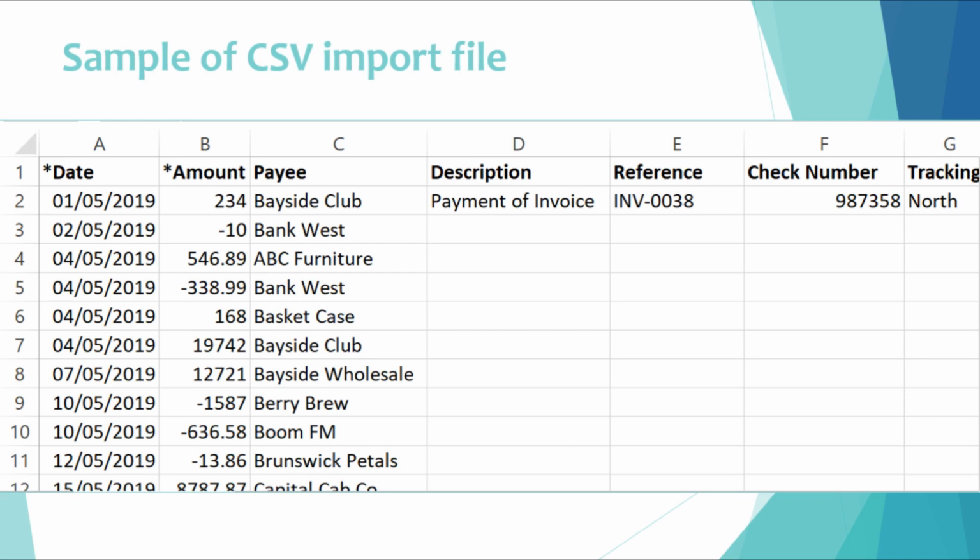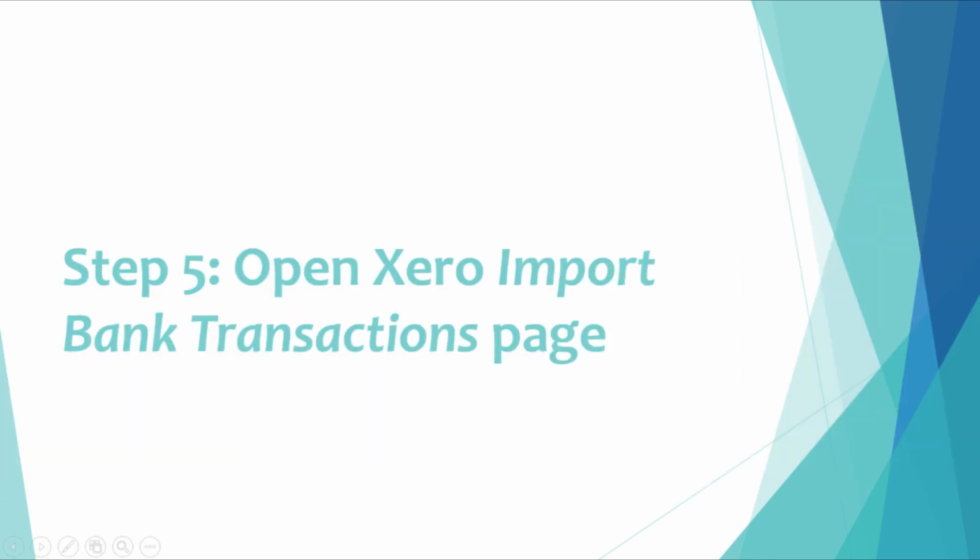So with this payee details here, it's easier for me to work on my data later on. And then if you have any description like payment of invoice, or reference of your invoice number, or your check number, or any tracking details, you can always put it into your CSV file so you may work on your data later.